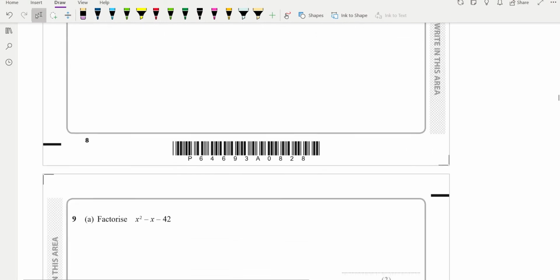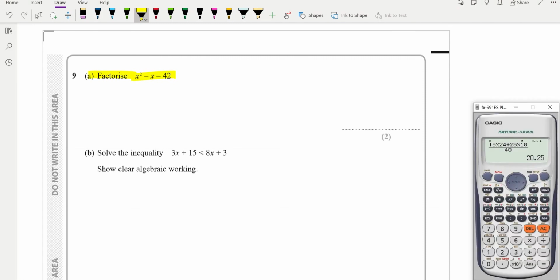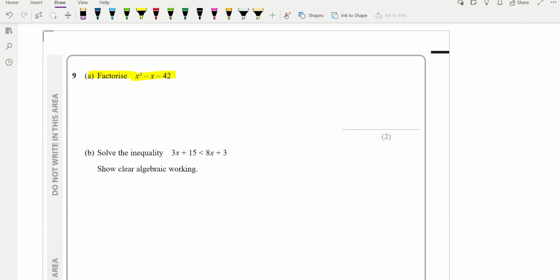Hopefully you understood this. Now question number 9, we have to factorize, and for factorization we can use this one: the coefficient of x squared is 1, the coefficient of x is -1, and the constant is -42, and this will be 7 and minus 6. So we can write x minus 7 and x plus 6.